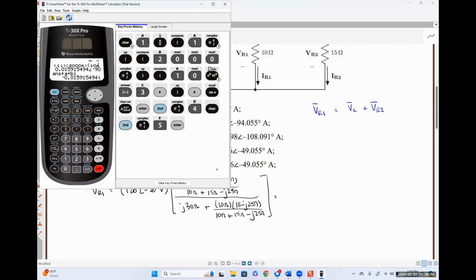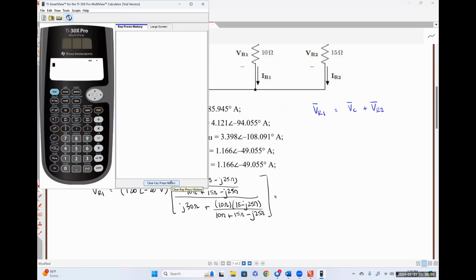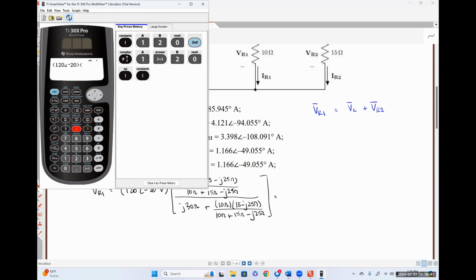I'm just trying to make this sized so that I can actually see the math. So let me clear all this stuff out. So 120 angle negative 20 degrees. And I'm going to multiply that by, so I'm going to use my fraction button here, and I'm going to have a fraction in the numerator, so I'm going to hit the fraction button again.